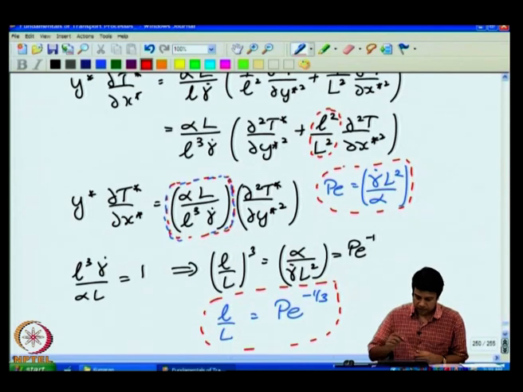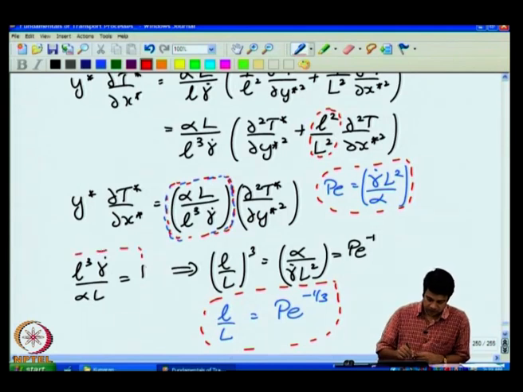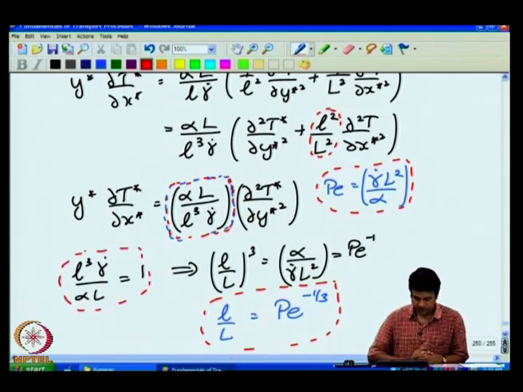Okay. If convection and diffusion are to be of the same magnitude, then we require that this thing has to be order 1, or small l by capital L has to go as Pe power minus 1/3. Okay.